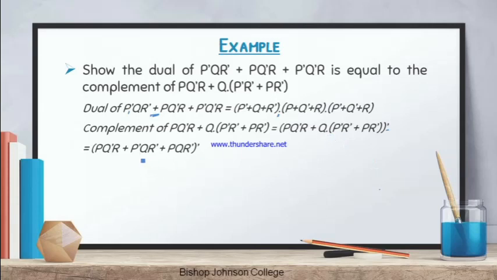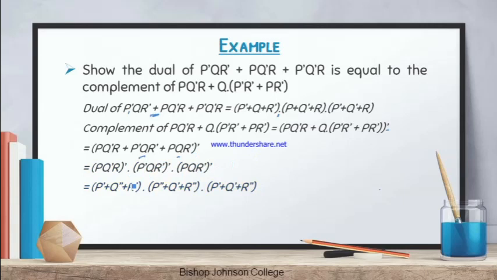So when q multiplies in the bracket, it is first as it is p bar q r bar plus p q r bar, and then whole bar. Now the whole bar on the bracket, as per De Morgan's theorem, x plus y plus z whole bar becomes x bar dot y bar dot z bar.